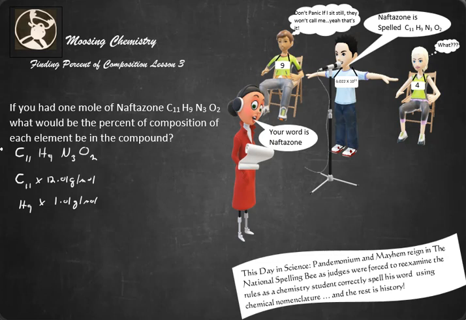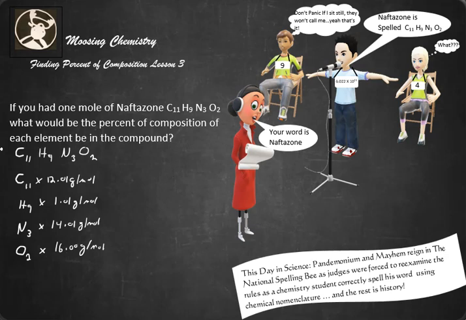Nitrogen says it's 14.007, but we want to round to the hundredths place, so let's make that 14.01. Oxygen is 15.99, but let's make that easy too. Let's just make that 16.00 grams per mole. Makes it a lot better.